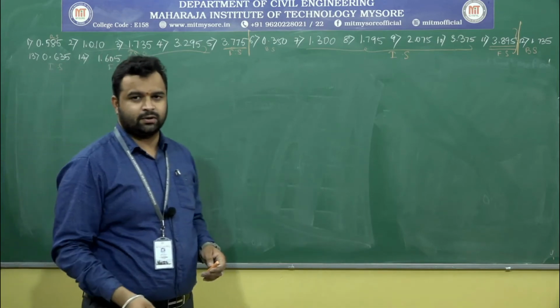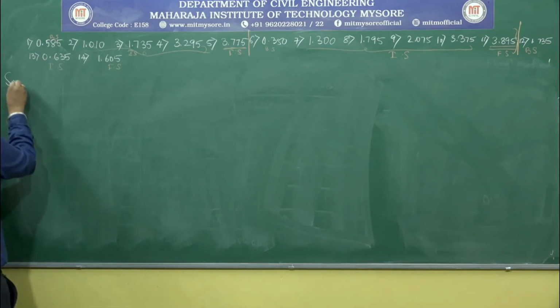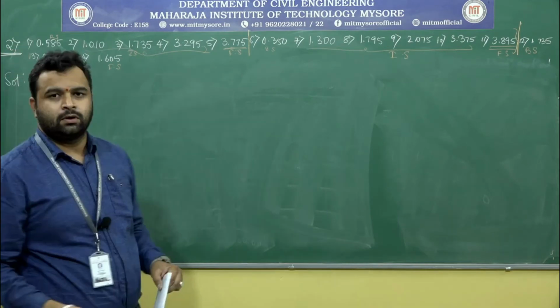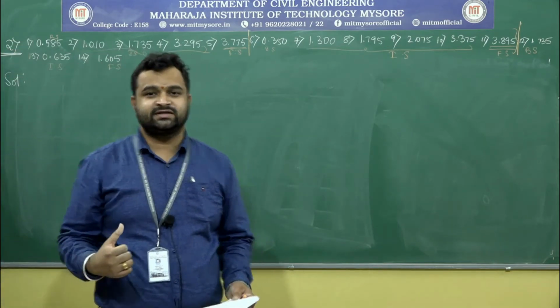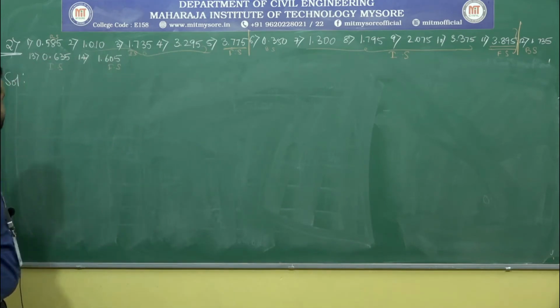Okay, let me write the tabular column using this hint. So problem number 2, I am going to do this problem by using HI method. You can also do it by using rise and fall method and check.